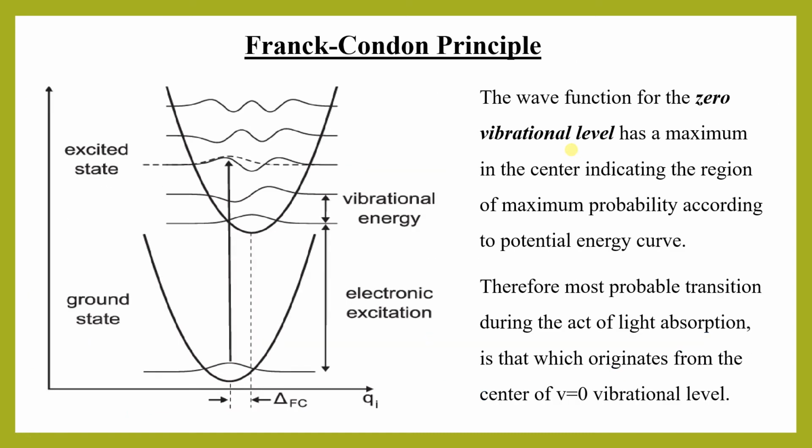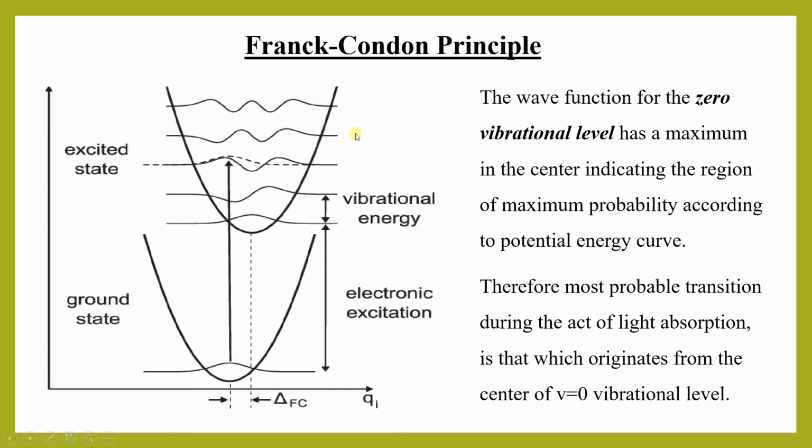So next, here we observe two curves. One is the ground state with lower energy, and the other one is the excited state with higher energy. And the horizontal lines here represent the vibrational energy, and the v equal to 0 level is the most probable transition.